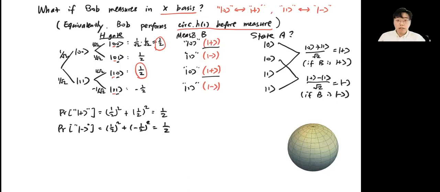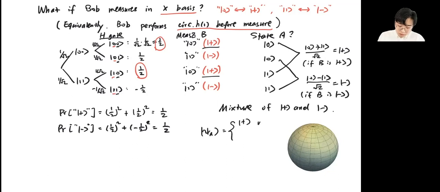Now it looks like for Alice, it's another statistical mixture, and this time it's a mixture of plus and minus. In other words, the state of A is plus with probability 1/2 and minus with probability 1/2.